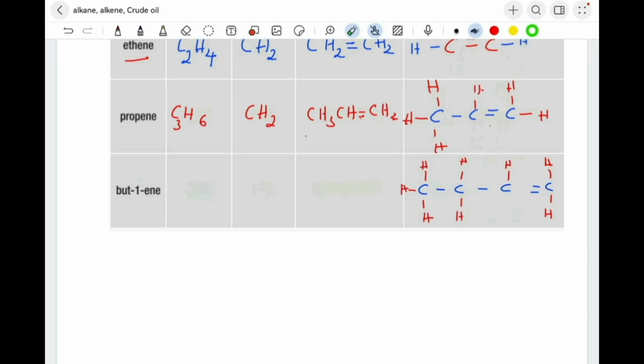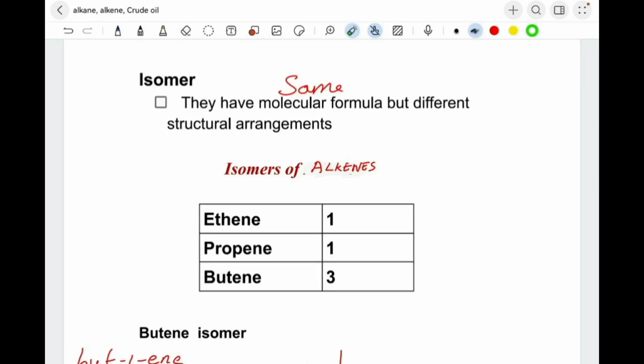Structural formula would be CH3, CH2, CH double bond, CH2. C4H8 is the molecular formula. Empirical formula would be CH2.